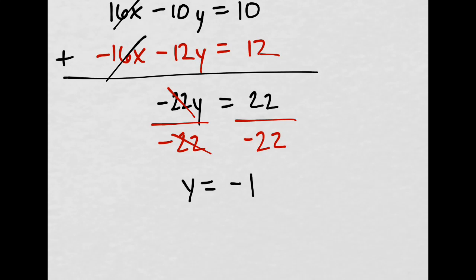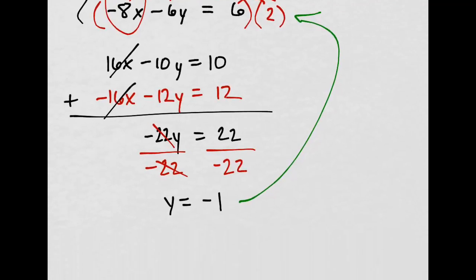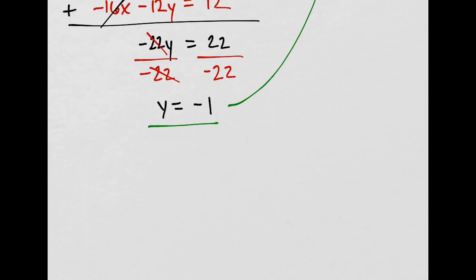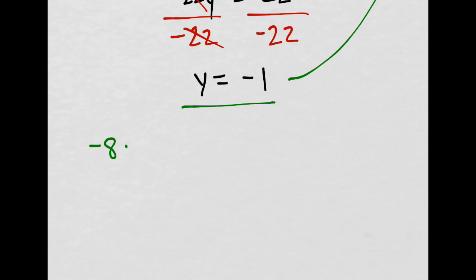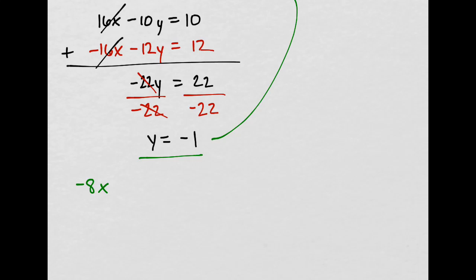But I'm not done. The next step was to plug this into any of the two original equations. And in this case, I'm going to plug it into the second one just because they have smaller coefficients. So I'm plugging it in for the y, though. So I have negative 8x, minus 6 times negative 1.